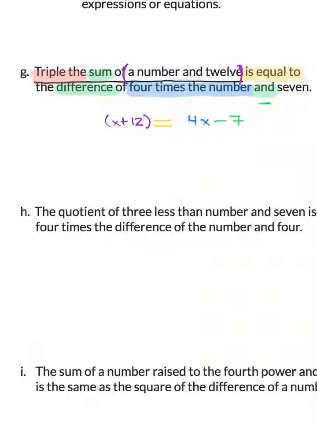So we get 3 parentheses x plus 12 equals 4x minus 7. I'm going to go ahead and write this out again without all the fancy colors. This is our equation.